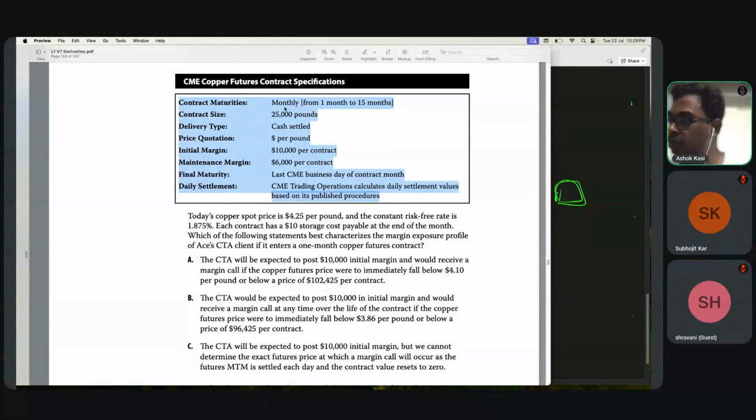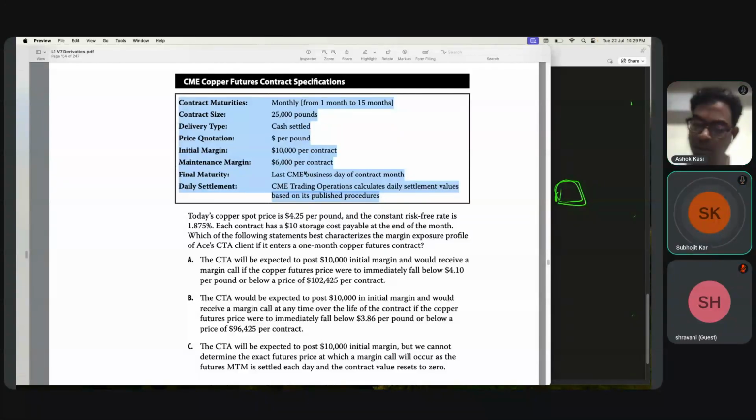Contract maturities monthly, 1 month to 15 months. Contract size 25,000, cash settled. Price per pound. Initial margin 10,000. Maintenance 6,000. Last CME business day of contract month. Daily settlement values are based on CME published.